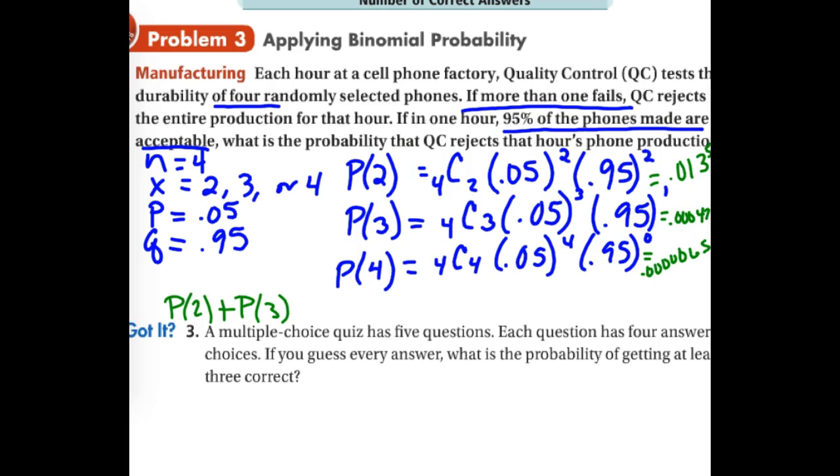No, this is the probability that you have to pick 4 that don't work. You're looking at what is the chance that this group of 4, none of them work. This is what is the chance that just 2 don't work. They are different. All right, when we add them all up, we get about 1.4%.